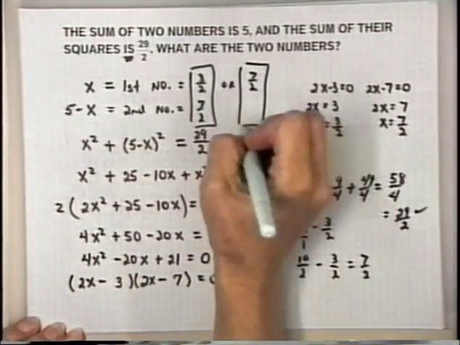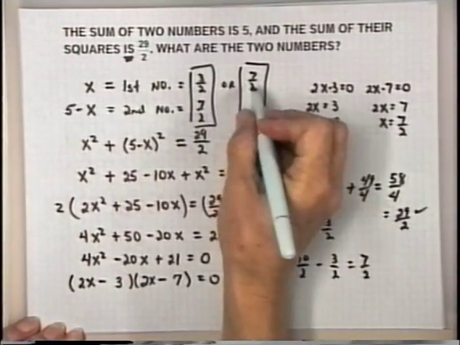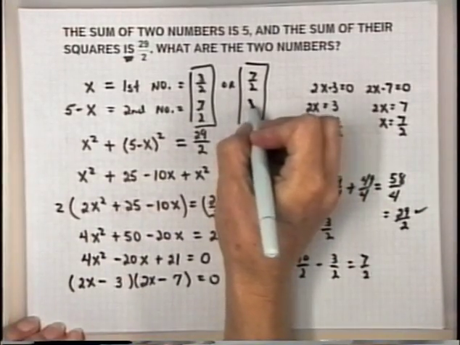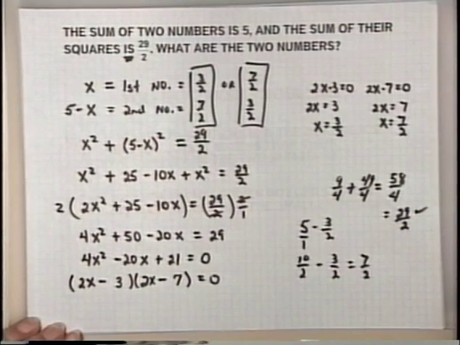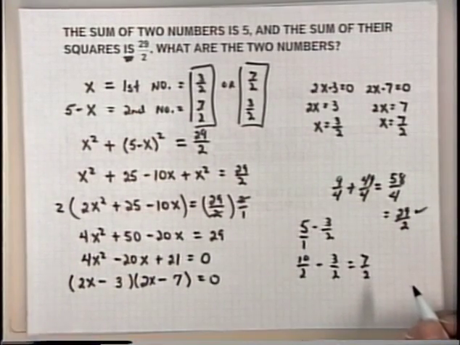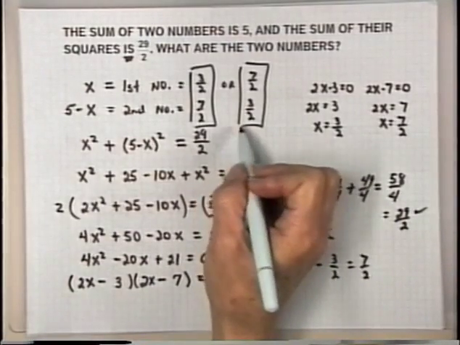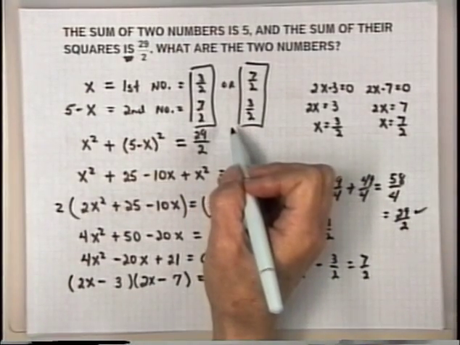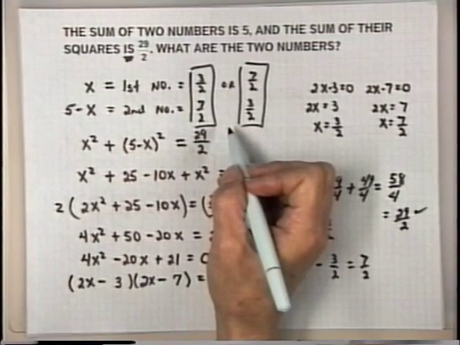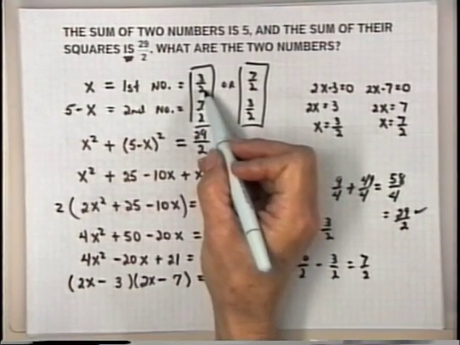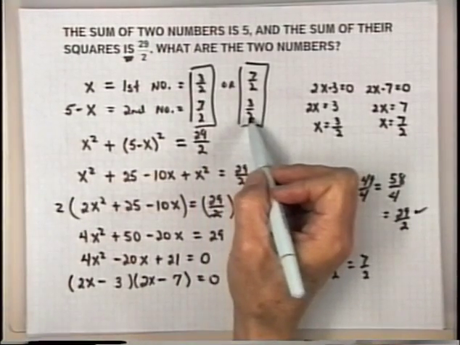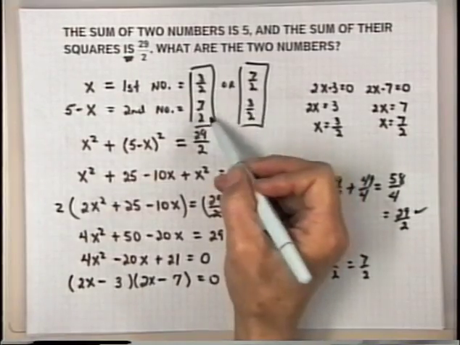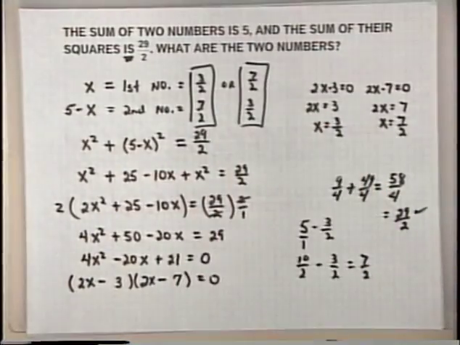But notice, if I use 7 halves for x, then 5 subtract 7 halves would be 3 halves. And we've already checked that that sum of squares is 29 halves. We do have two solutions here, but notice it's really the same solution. It really doesn't matter if 3 halves is the first number or the second number. There's only one pair of numbers whose sum is 5 and whose sum of squares is 29 halves.